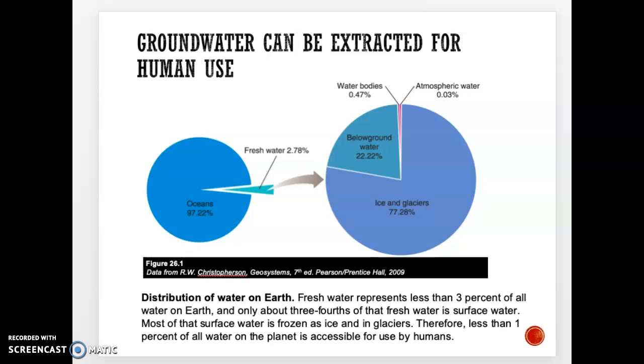Basically, less than 1% of all water on the planet is accessible for use by humans. So that is an extremely small amount of fresh water that is available to billions of people.